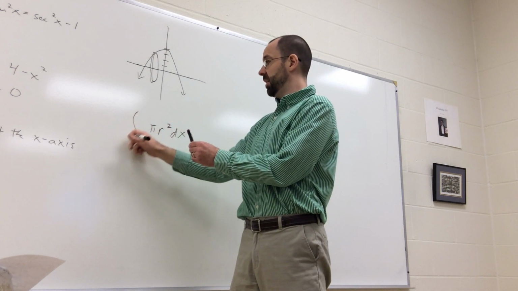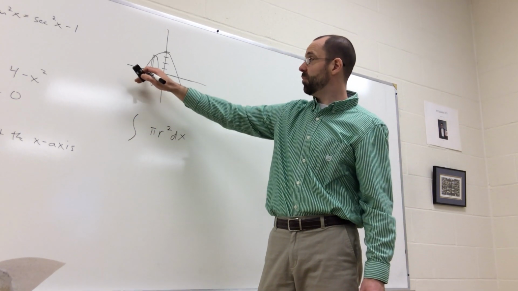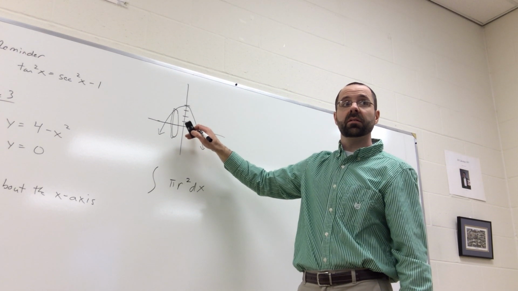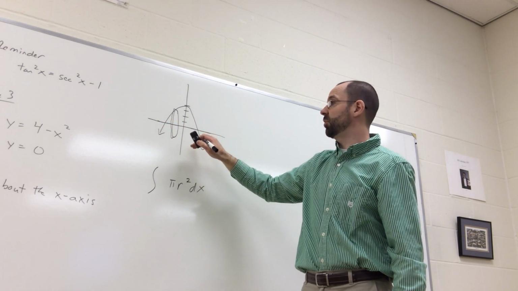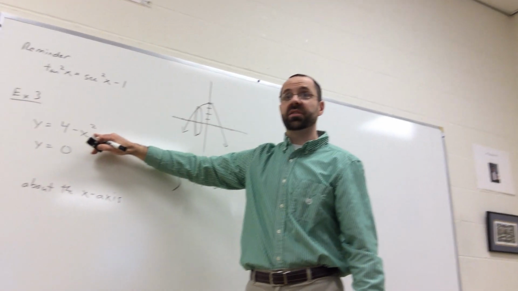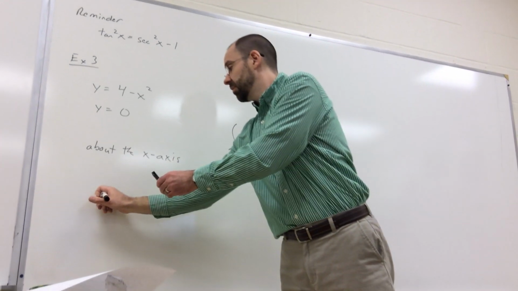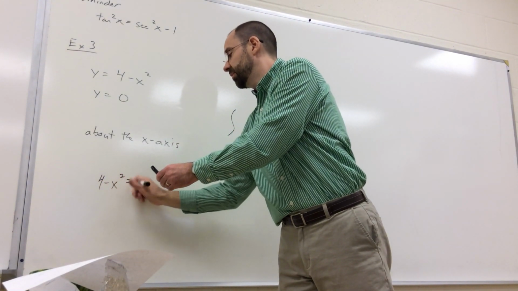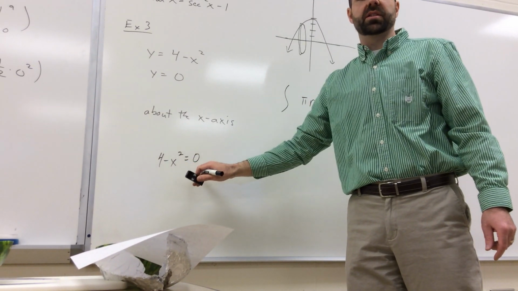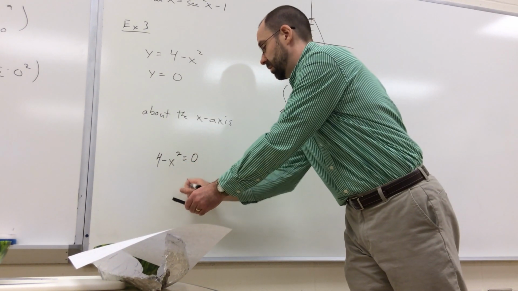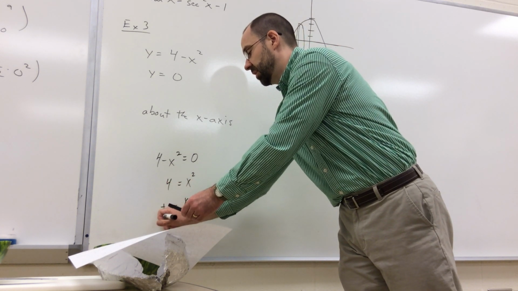Okay, so then we got to integrate from that point to that point, from the left to the right of the shaded region. So we got to figure out when 4 minus x squared hits y equals 0. So we'll solve 4 minus x squared equal to 0 for that. So you could just add the x squared and then take the square root. So x is positive negative 2.